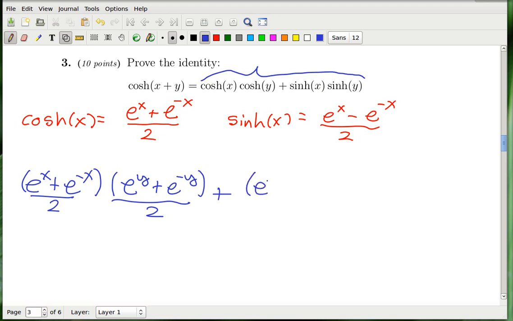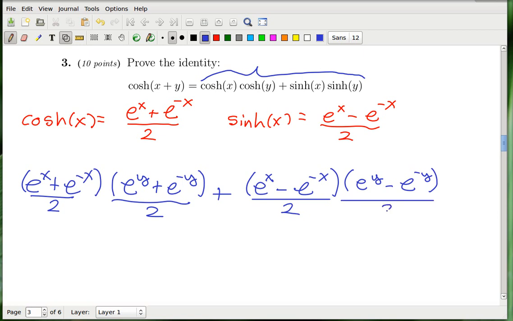This is sinh of x, e to the x minus e to the minus x, and I'll put a 2 down here. And now the very last one is sinh of y, so e to the y minus e to the minus y over 2.